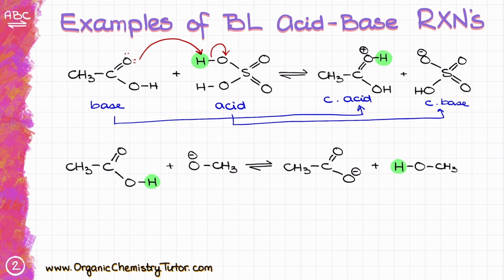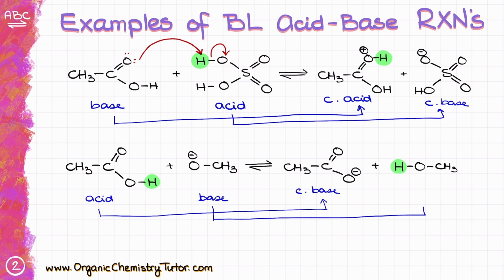So that means that now the carboxylic acid on the left is my acid, and the methoxide anion reacting with it is my base. Because of that, the acid, once it loses the proton, becomes the conjugate base, and my base, once it gains a proton, becomes my conjugate acid in this equilibrium.